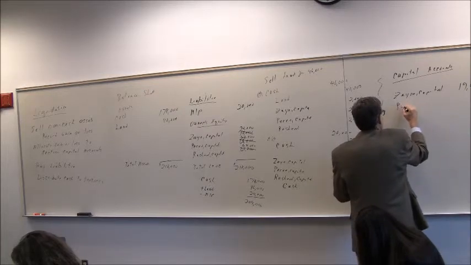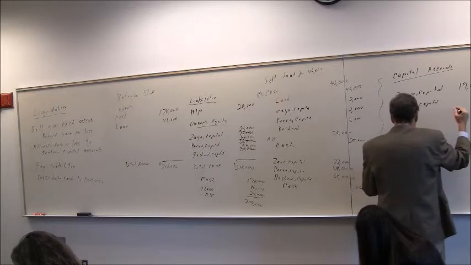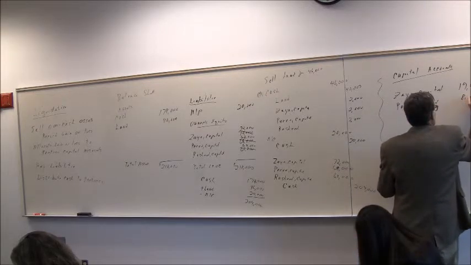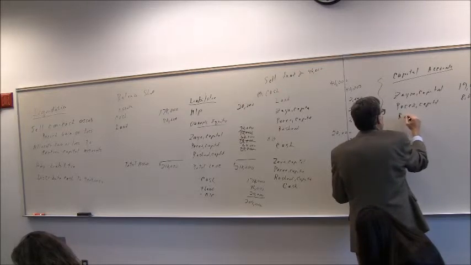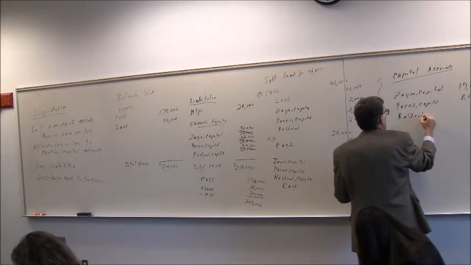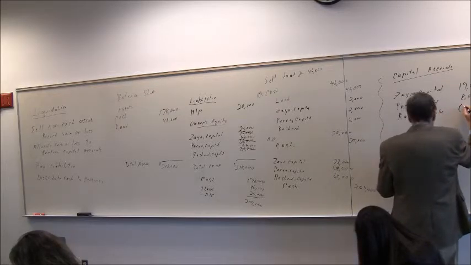Perez, comma capital, has a balance of 8,000. And Rashid, comma capital, has a deficit of 3,000.